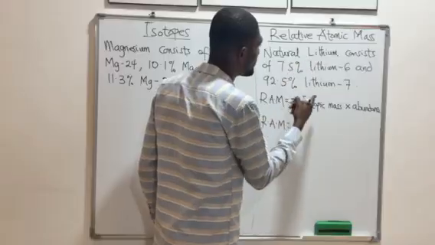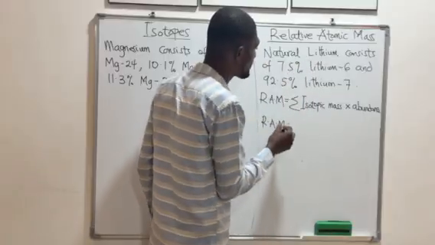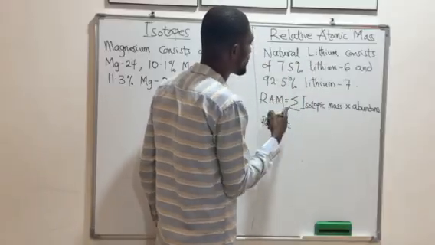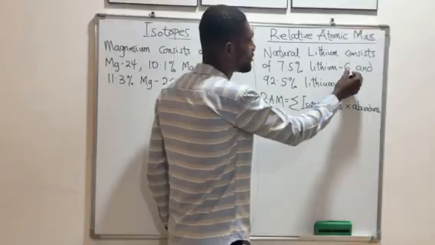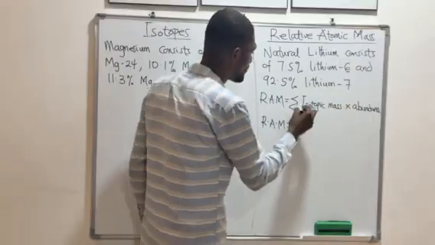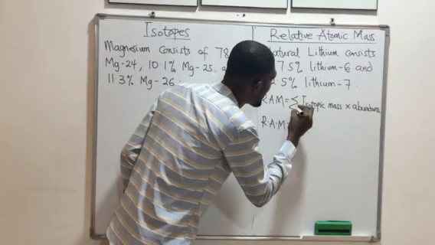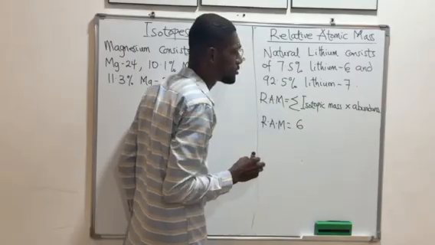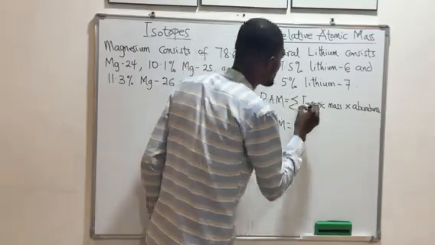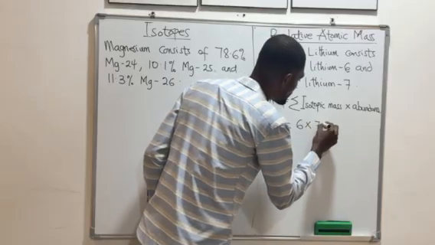So the first one, lithium 6, has an abundance of 7.5 and an isotopic mass of 6. So putting that in the equation, we have 6, which is the isotopic mass, times the abundance, which is 7.5.